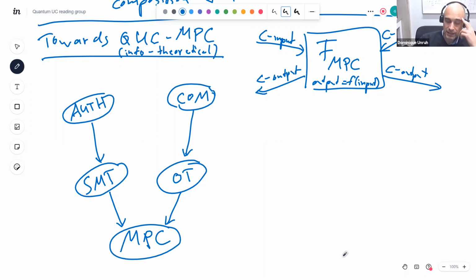Exactly, and in the quantum setting, there is no such concept as the transcript of the communication either. I mean, you can have a transcript of all the classical data that is sent, but you cannot make a transcript of the quantum data because you would need to copy it. I see. And since any adversary could just choose to artificially keep everything in the quantum state and never use the classical state, then the transcript will only contain who got what message, I mean, the metadata. Yeah. Okay. Thanks. Interesting.